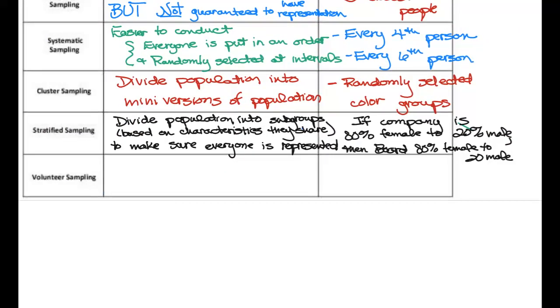And the last one, volunteer sampling. So this is where participants self-select themselves.